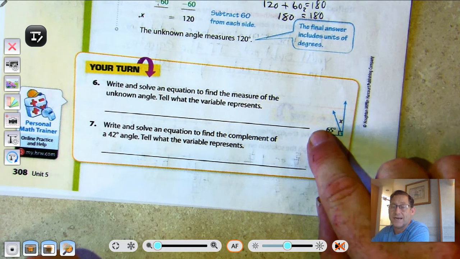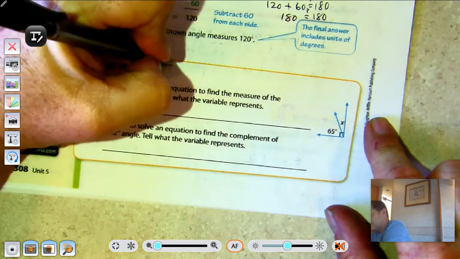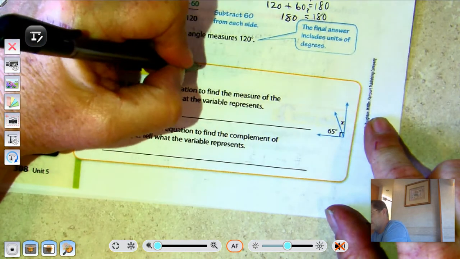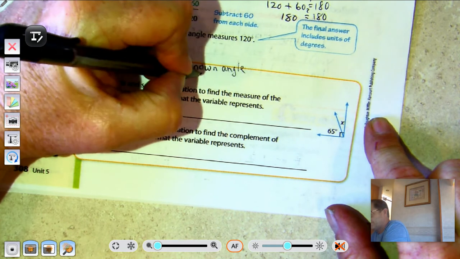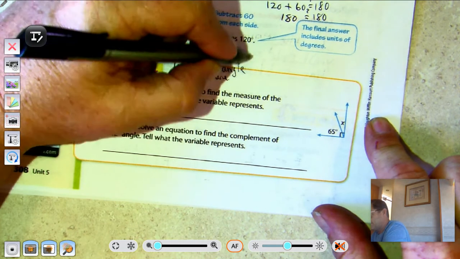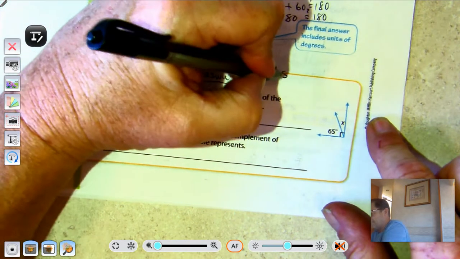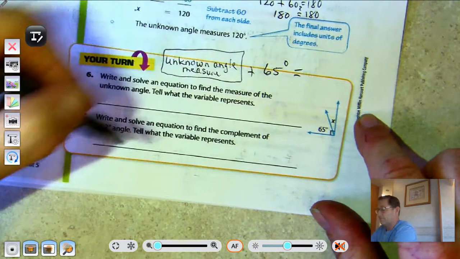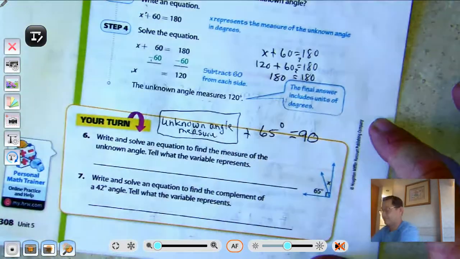They have to equal 90 degrees. So we can do the same thing as in our example. We can say unknown angle measure plus 65 degrees, but this time it's going to equal 90.